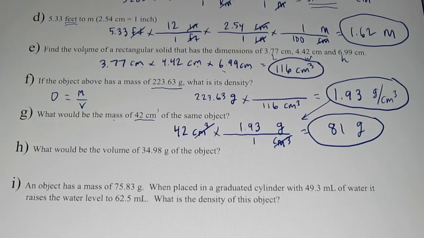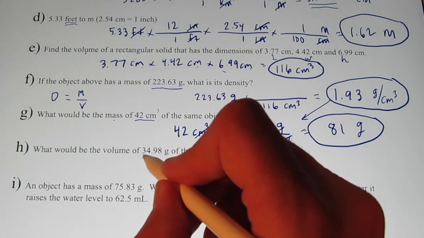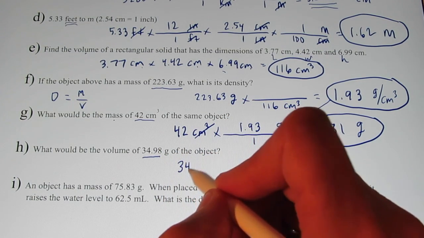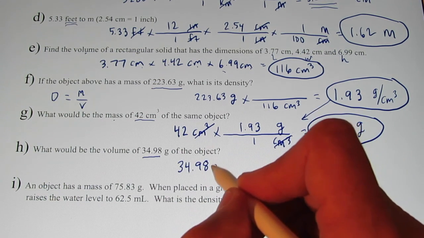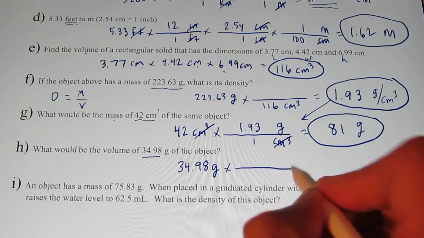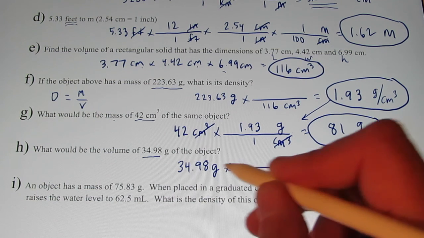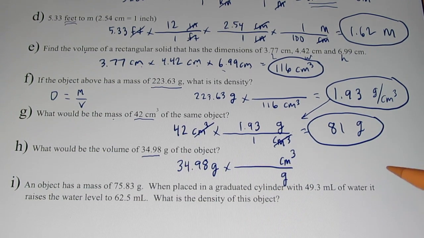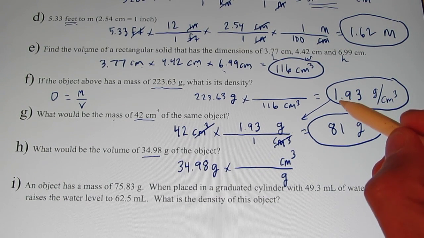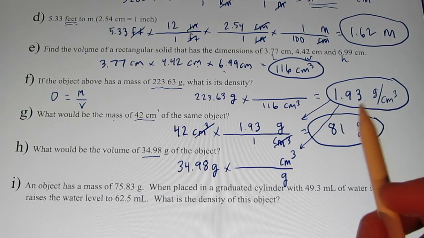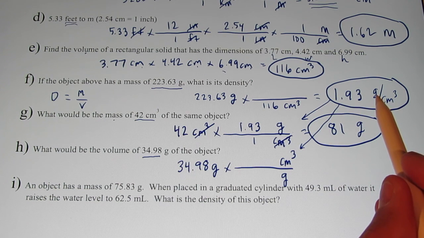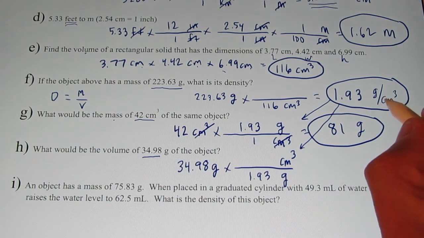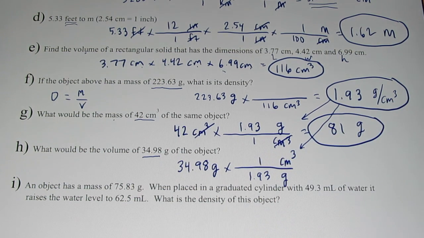All right, letter H. What would the volume of 34.98 grams of the object be? So 34.98 grams. Okay, we're going to put grams on the bottom this time to divide out of it, and we're going to get into cubic centimeters volume. So we're going to use our density as a conversion factor again, 1.93 grams per cubic centimeter.